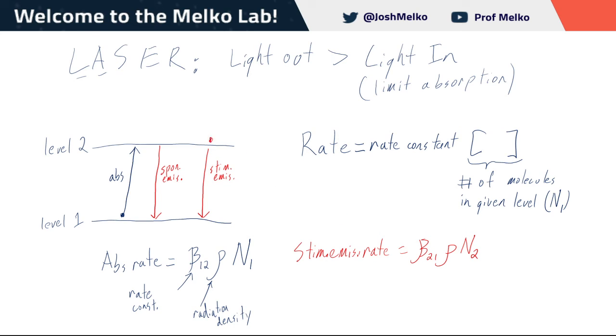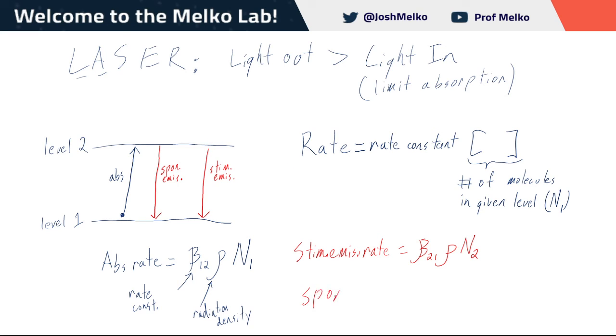Because I'm starting up here, that's my reactants in this sort of rate constant analogy, right? This is just the concentration always of reactants, not products. So here the reactants is the number of molecules in the level I'm starting with, right? That I'm going to emit from. Okay, so what is the number of molecules with electrons in the excited state up here versus down here? So just the raw number N2 here. That's why it's going into the stimulated emission rate.